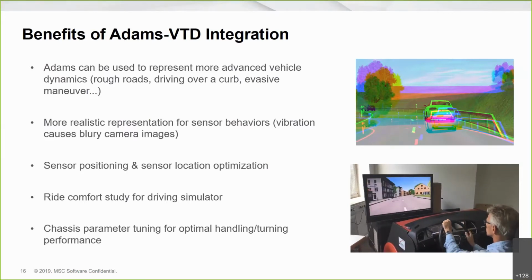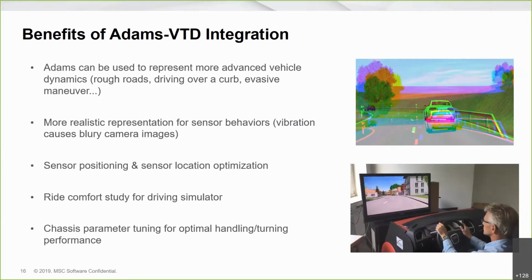Secondly, with those more complex vehicle dynamics, for example when the vehicle is driving over a curb, an obstacle or a speed bump, you will actually see that with the real vehicle, the sensor is going to vibrate. The sensor is going to behave differently than what we call the ideal sensor or the perfect sensor.